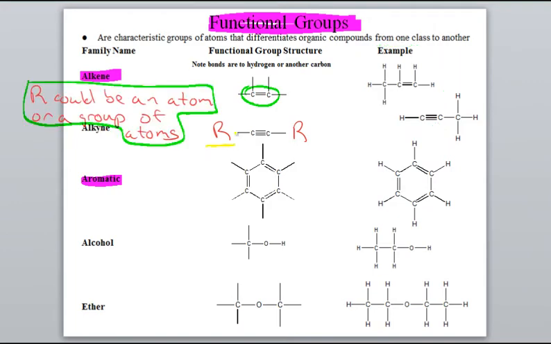R could be a lot of atoms, meaning this could be a really big molecule, or it could be one atom. If we look at it in our example over here, here R would equal H. Over here, R equals this CH3. It could be a lot bigger than that, but it just means a group of atoms or an atom.